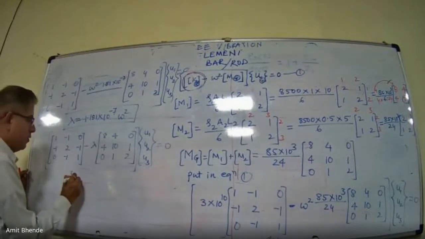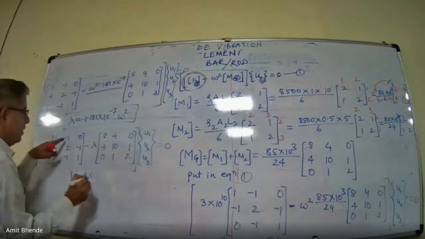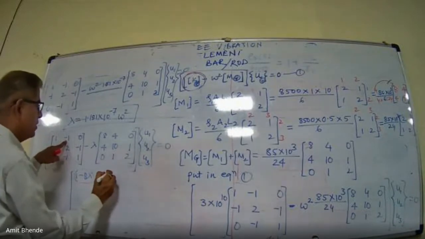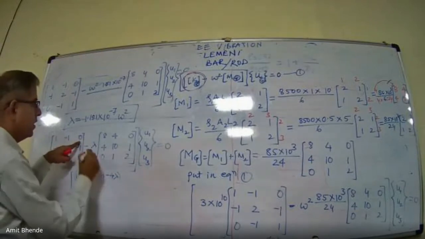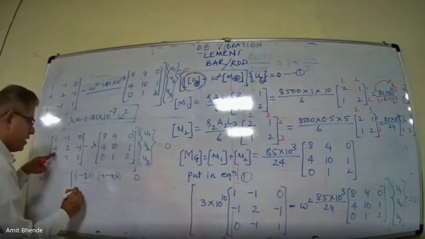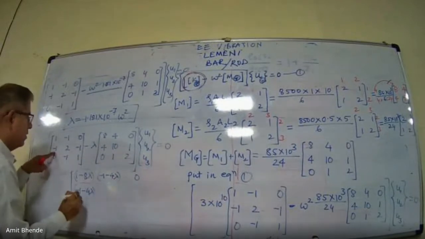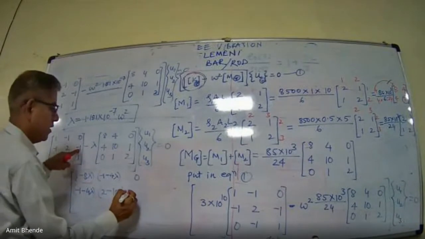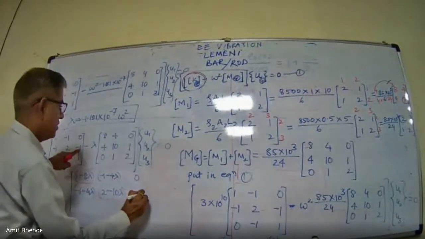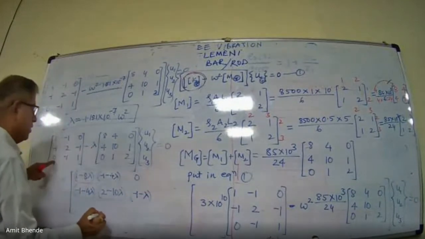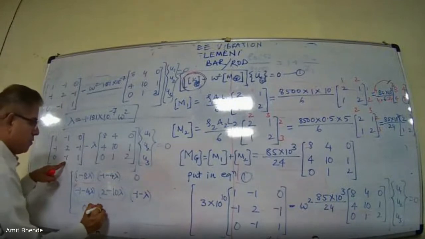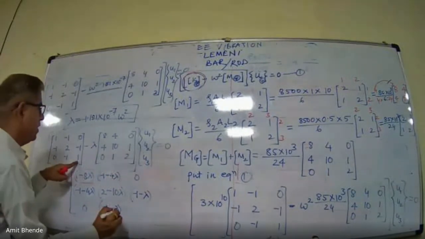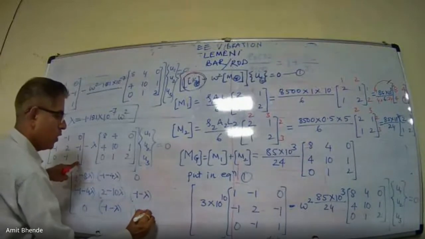So it will be 1 minus 8 lambda here, minus 1 minus 4 lambda, here it is 0; here minus 1 minus 4 lambda, here 2 minus 10 lambda, here minus 1 minus lambda; here it is 0, minus 1 minus lambda, and here 1 minus 2 lambda.